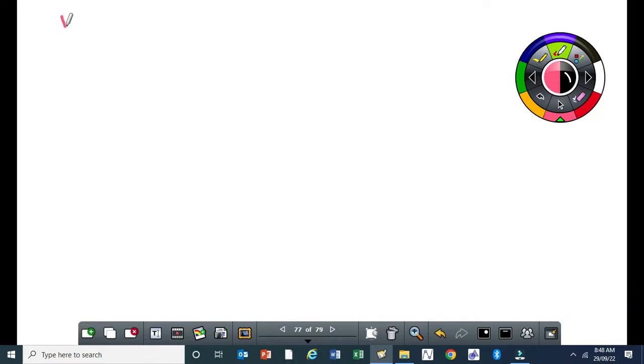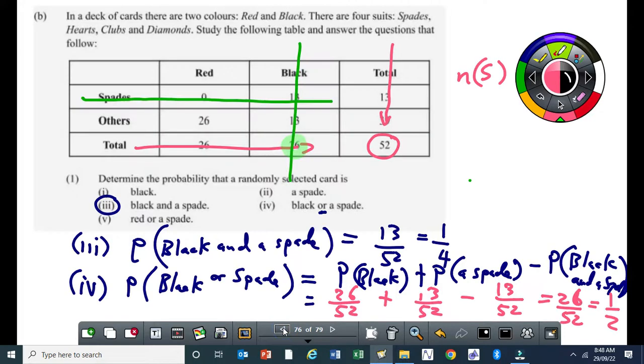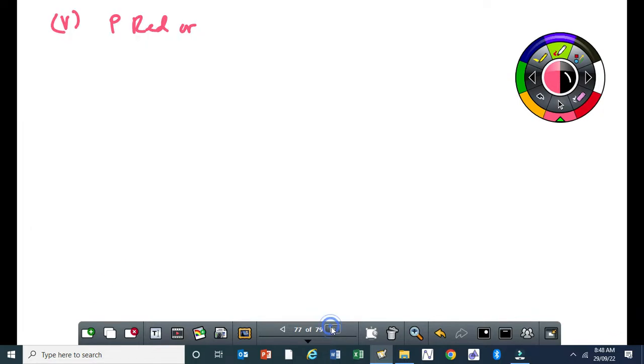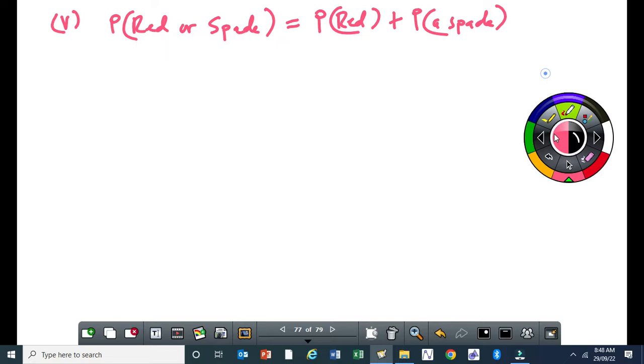So the probability of picking a red or a spade should be equal to the probability of picking a red plus the probability of picking a spade minus the probability of picking a red card and a spade.